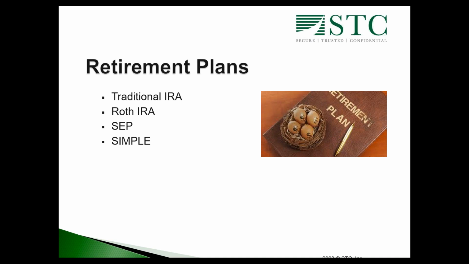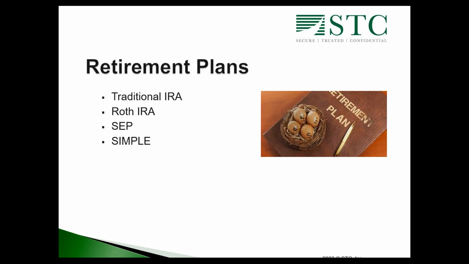I'm the owner and the worker, so I can make contributions into the SEP that way. You do have larger contributions because the contributions are actually from the business that the SEP is on. And for 2023, your maximum contribution is $66,000. So that did increase for 2023 as well.